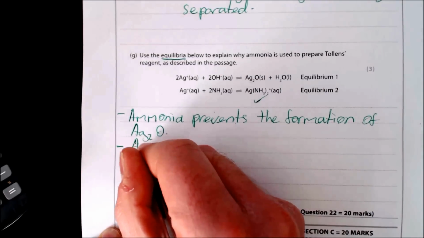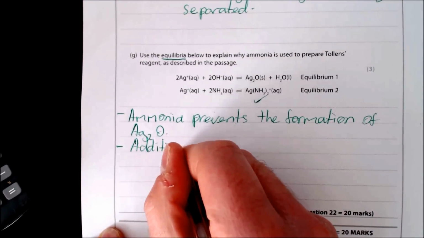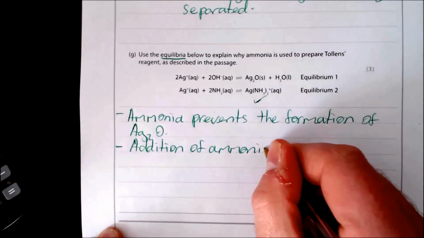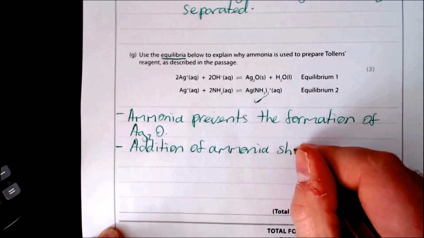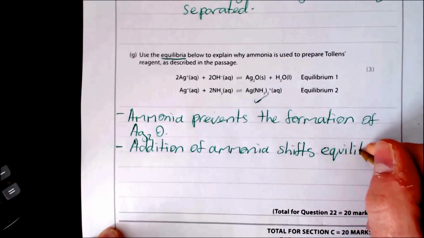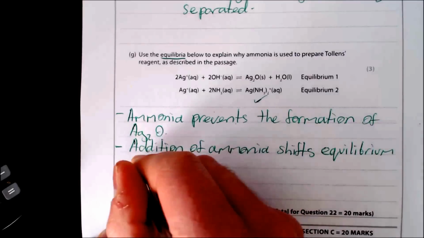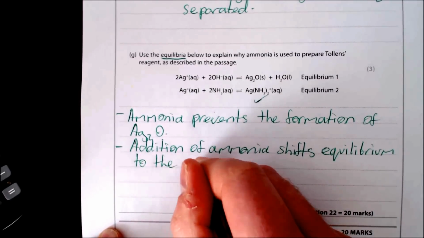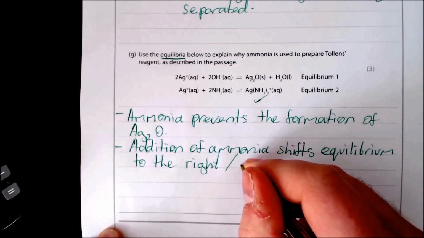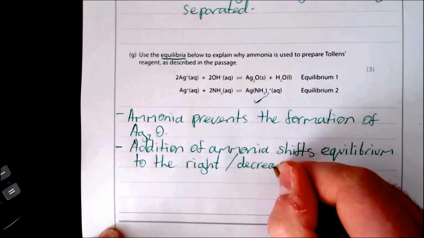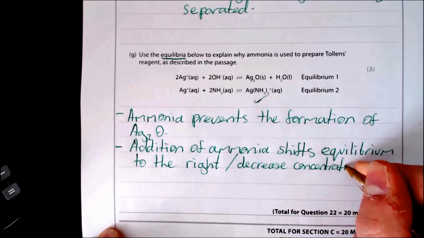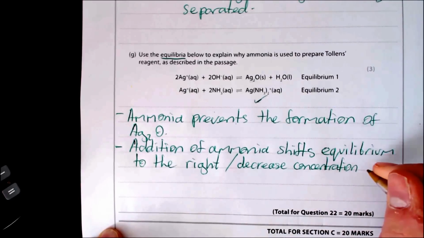So let's get that down. So addition of ammonia shifts equilibrium to the right, or you could say we have a decrease in the concentration of Ag+.